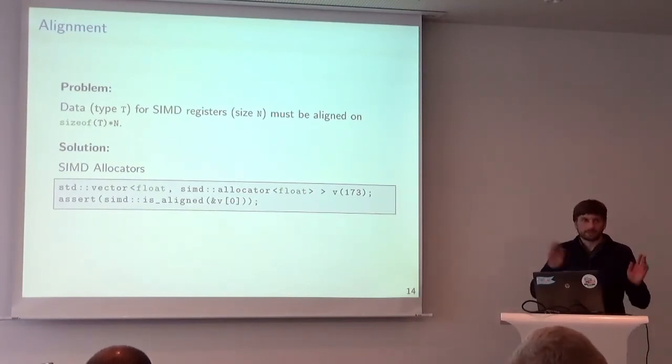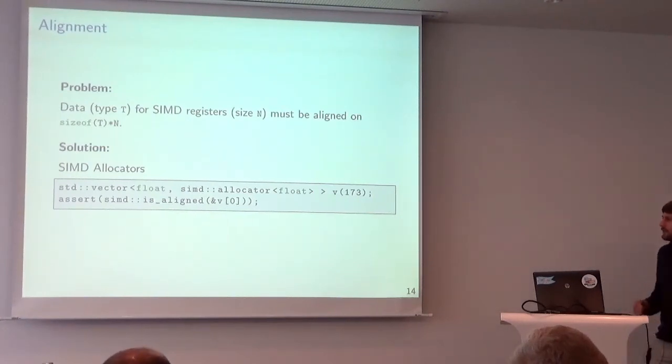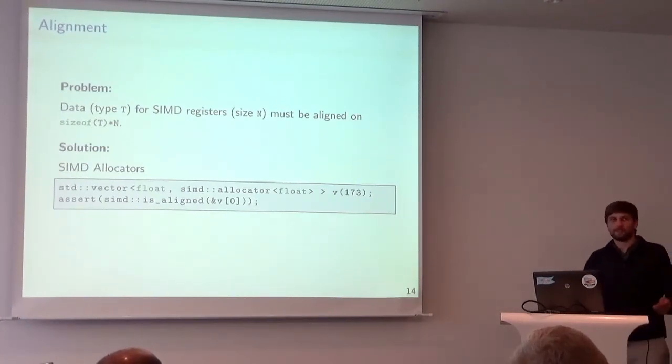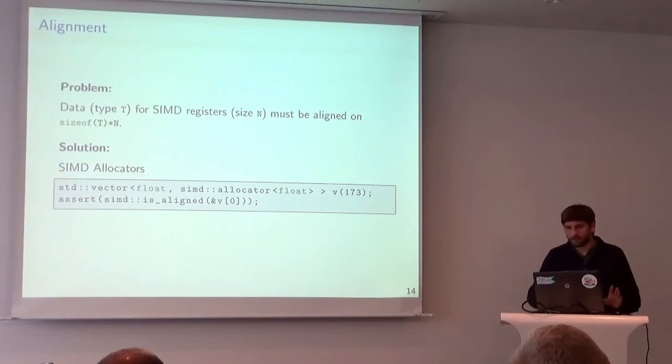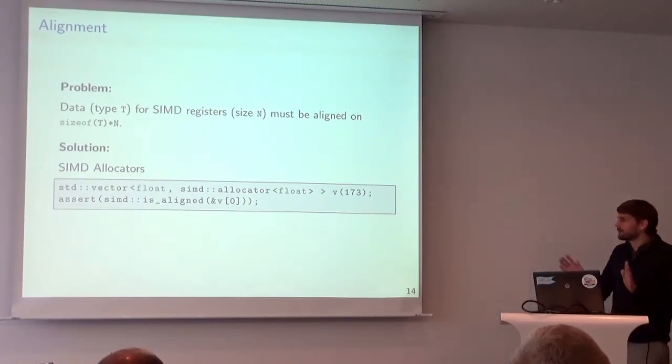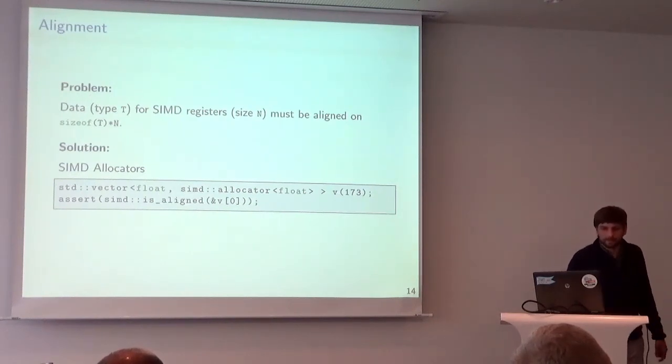And if you do this, you're good. If you don't, and this is what I forgot the first time, then you write an email to Joel, why is this not working? And he writes you back, yeah, you have to use the allocator. Okay, so this is the only thing that didn't work right from the start for me. Everything else was really smooth and very easy and simple with this library.